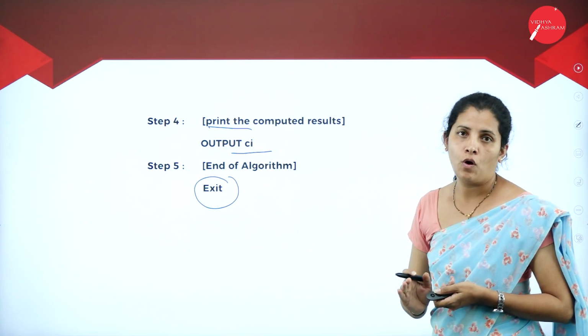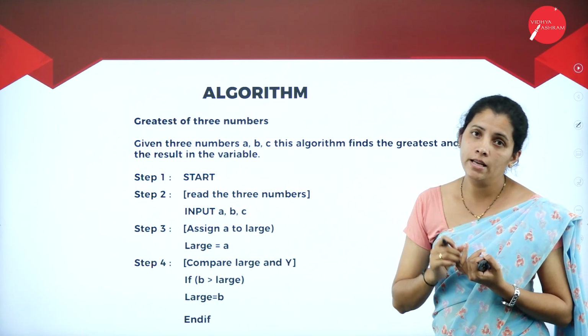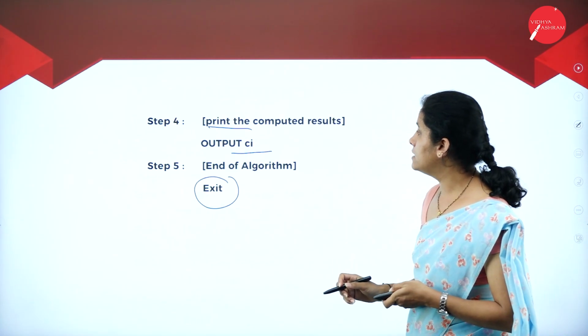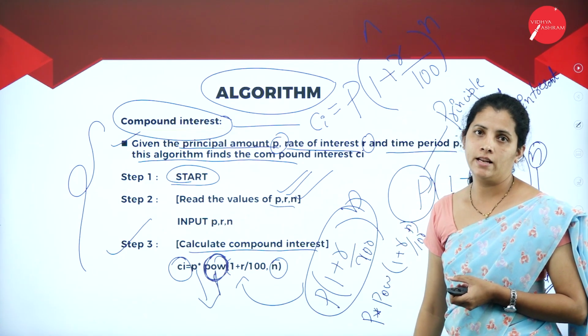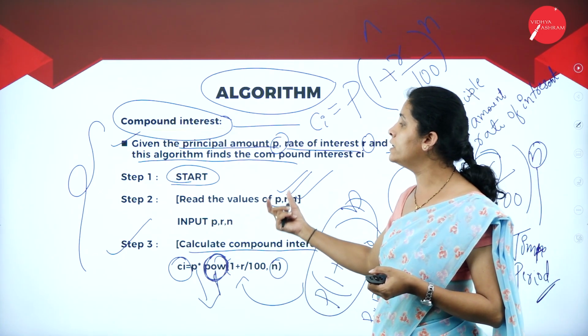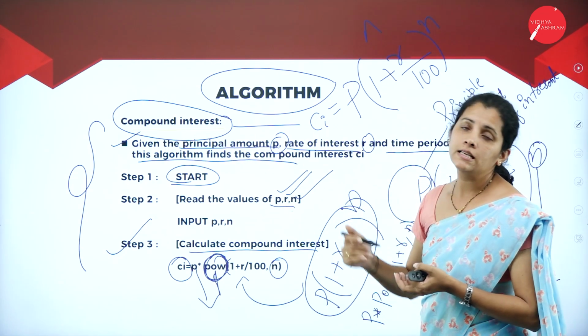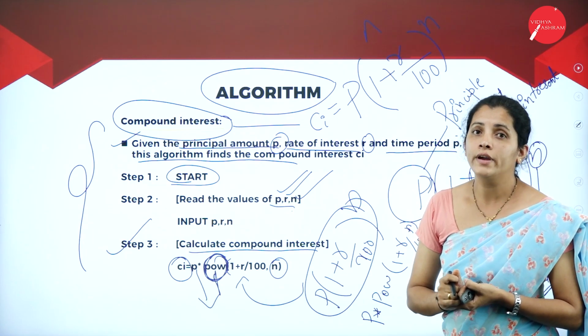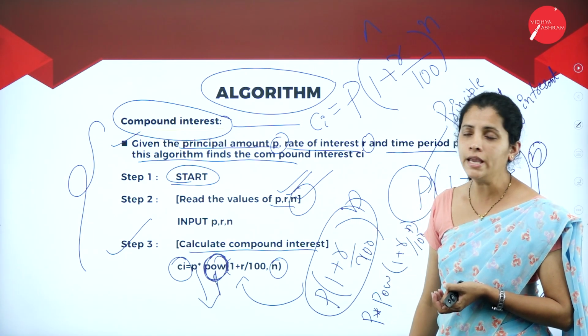So in the compound interest, what are the inputs I'm going to have? That is nothing but P, R and N. Here P is nothing but your principal amount, R is nothing but rate of interest, where N is nothing but your time period.